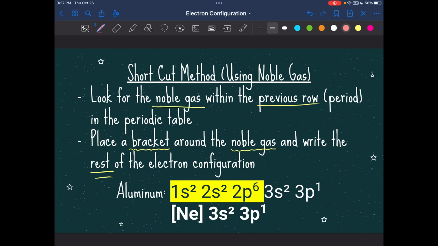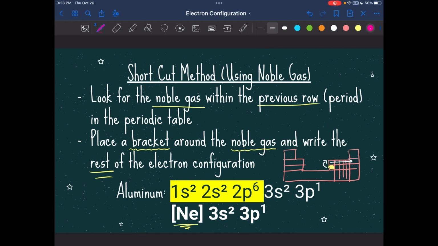Now what if I were to quickly draw a periodic table again, just to show you what I meant by this part. Right now, Al is located, let's see, 13, 14, 15, 16, 17. So Al is located right here. What we're going to do from here is go 1 row up and go all the way to the right side to the noble gas. If you do that, you should be able to see Ne.